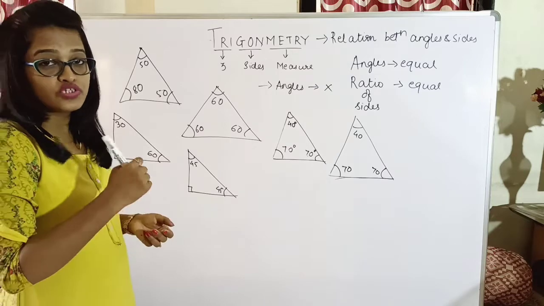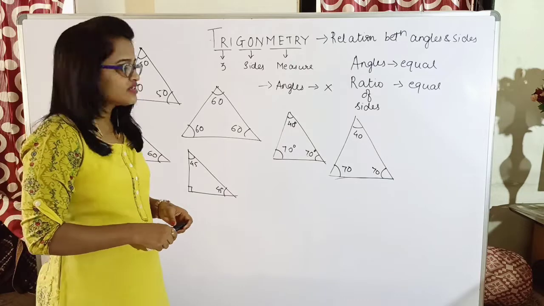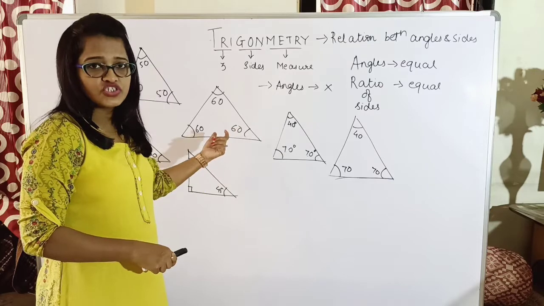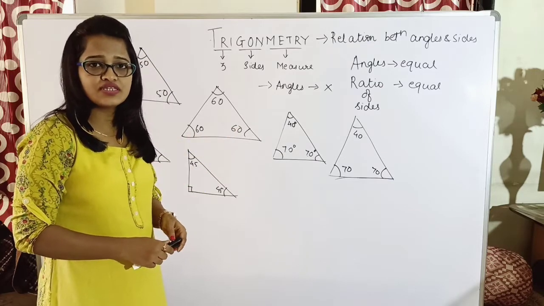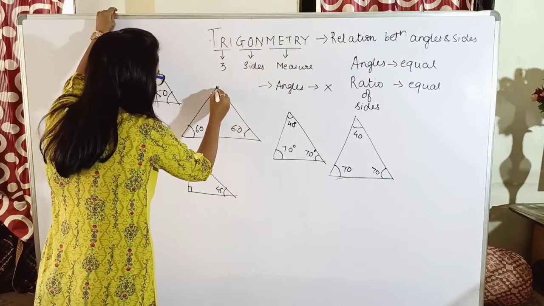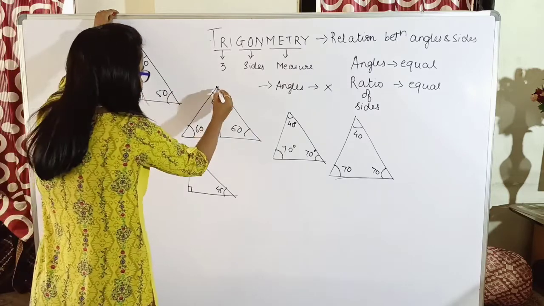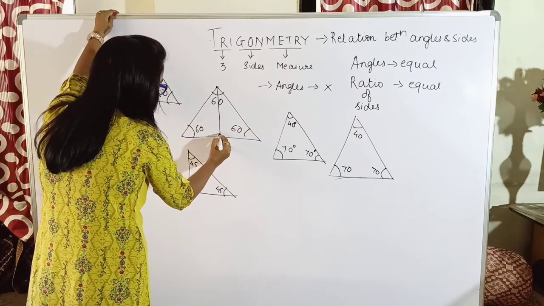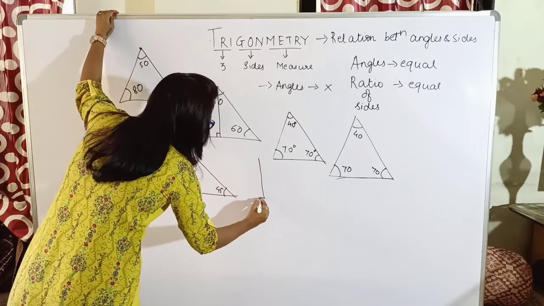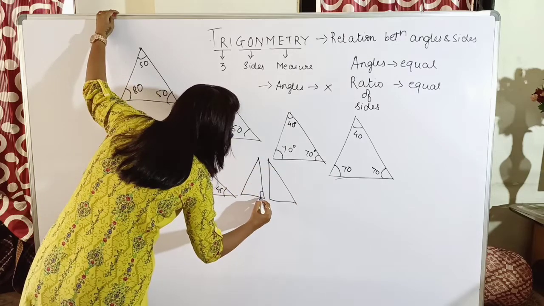So now the question might arise in your mind, if we are going to remember it only with respect to right angled triangles, then how are we going to apply it for other triangles which are actually not right angled triangles? Yes, the logic is, we can divide any triangle into two right angled triangles. What if I draw a line here which is a perpendicular? So these are the two triangles and both are right angled triangles, isn't it?